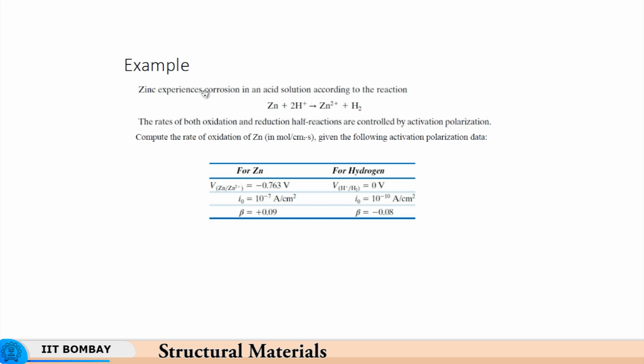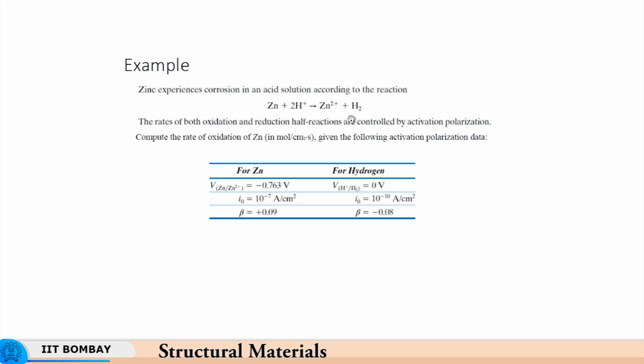Now, in the present example, what we see is that zinc experiences corrosion in an acid solution according to this reaction, where zinc gets oxidized to zinc 2 plus, and the hydrogen ions get reduced to atomic hydrogen.